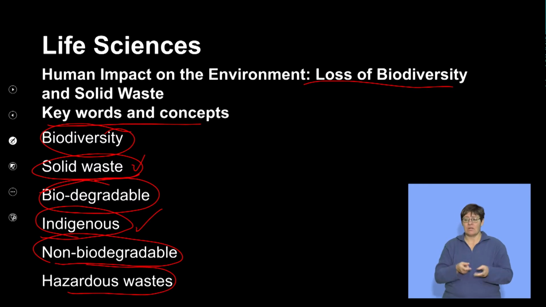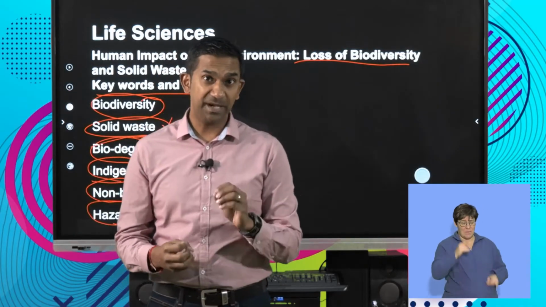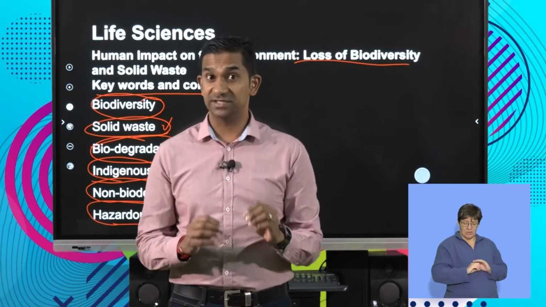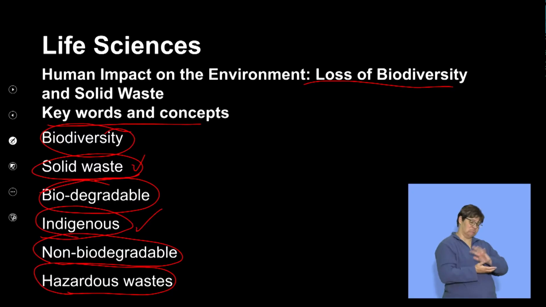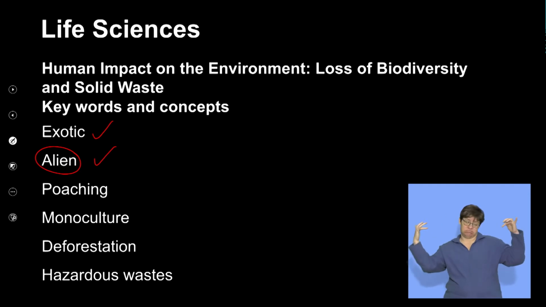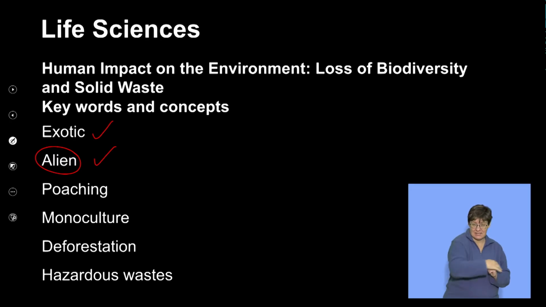What is hazardous waste? We talk about a country where there's significant industrialization as well as mines, and the impact that the hazardous waste products produced from these industries have on the environment. We must recognize those as well. The concept of what is an exotic species, an alien invasive species, and their impact on the environment needs to be considered.